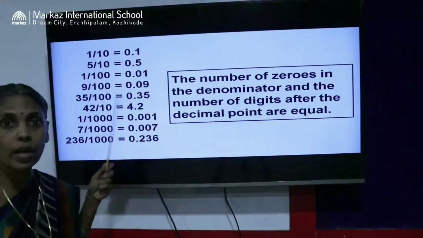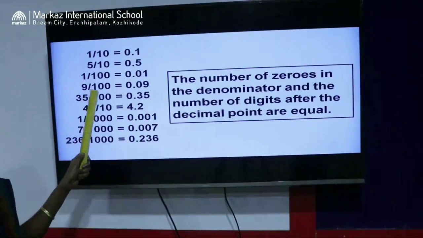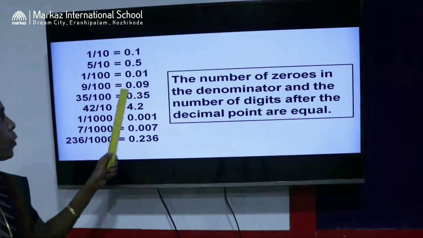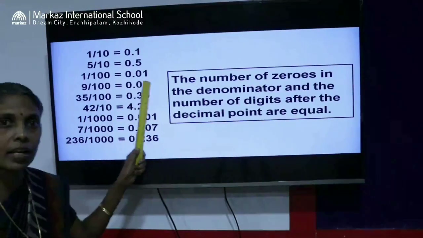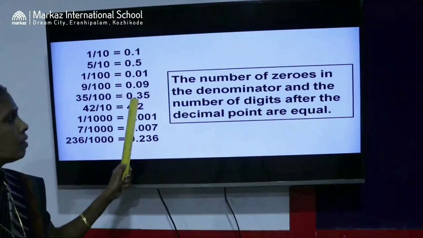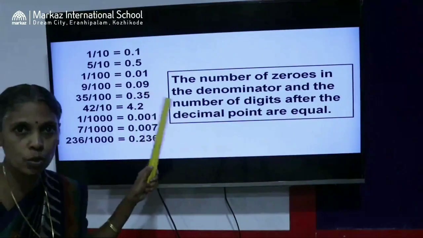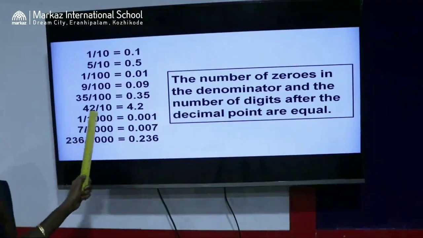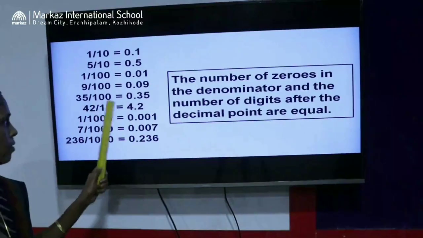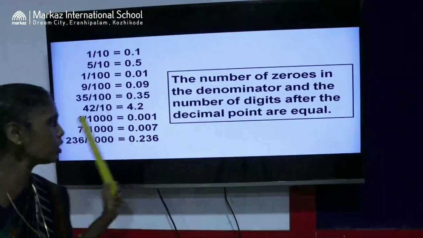So in this way you can check your answer also. Again here, number of zeros 2, number of digits after the decimal again 2. Number of zeros 2, number of digits after the decimal also 2, that is 3 and 5. Number of zeros 1, number of digits after the decimal only one digit, that is 2.